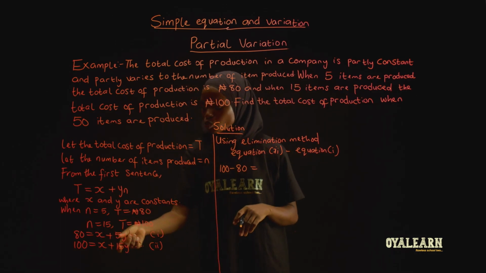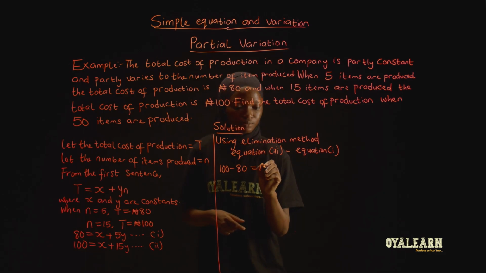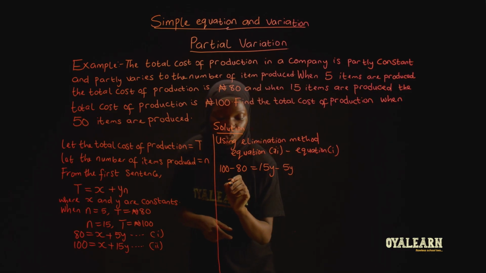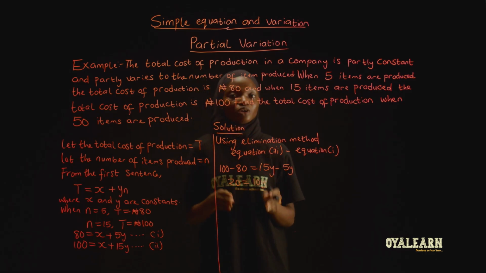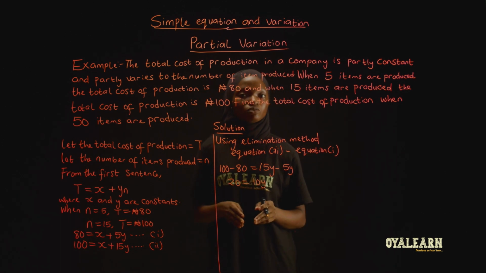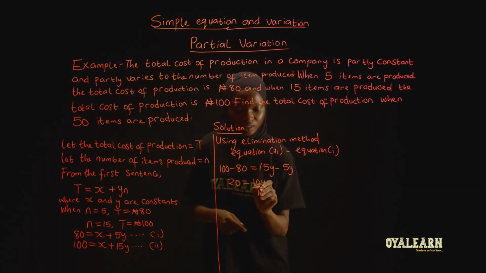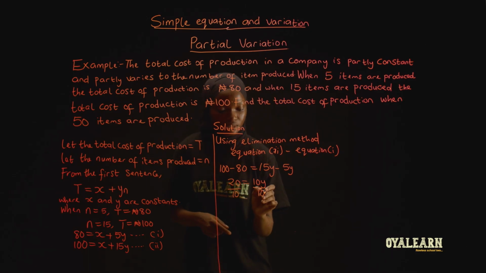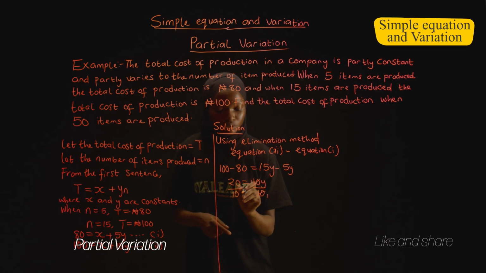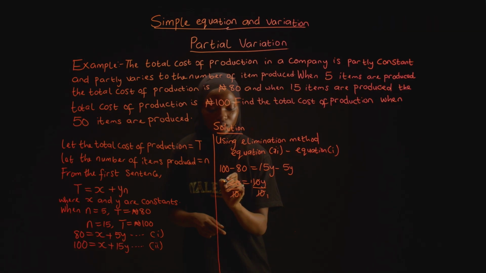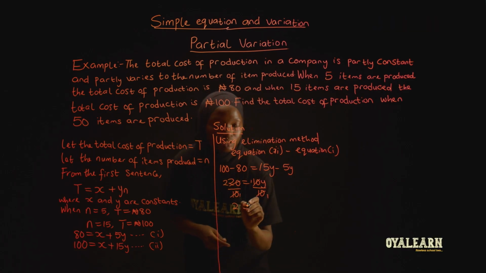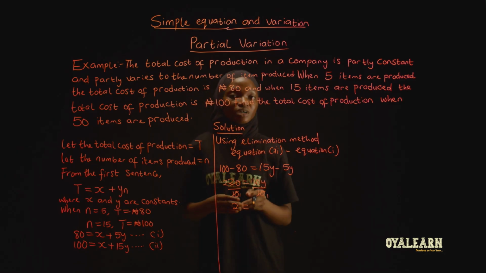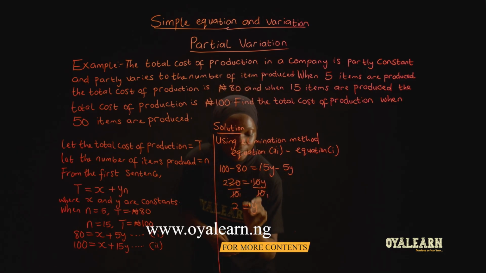So here we have 15Y minus 5Y. And here we have 20 equals 10Y. And to find the value of Y, we divide both sides by the coefficient of Y, which is 10. So we have divided by 10, divided by 10. 10 goes in 20, that's 2. And 1Y divided by 1 is Y. So Y equals 2.